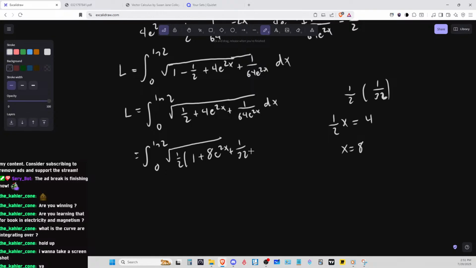But it's still kind of complicated. Maybe we have to write everything in, so I think what we can do is probably take this half out.